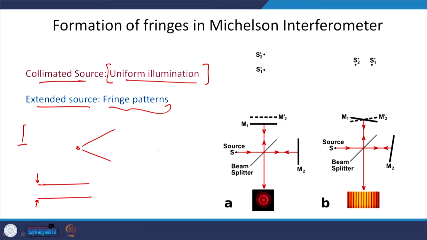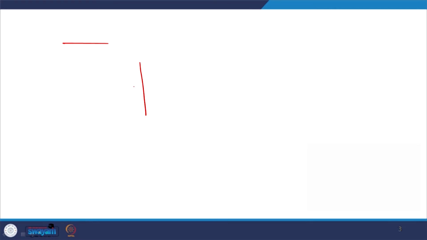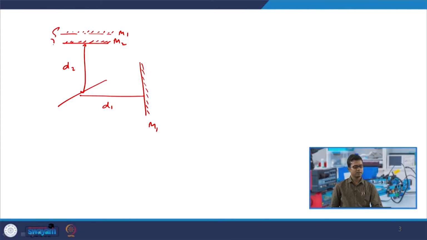You can think of this setup like this. You have mirror M1 and M2, at distances d1 and d2. The image of this mirror can be seen like this, and the separation is 2 times (d1 minus d2).